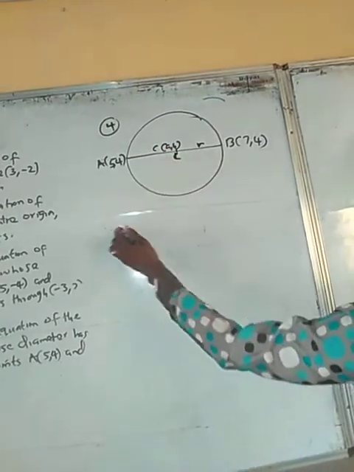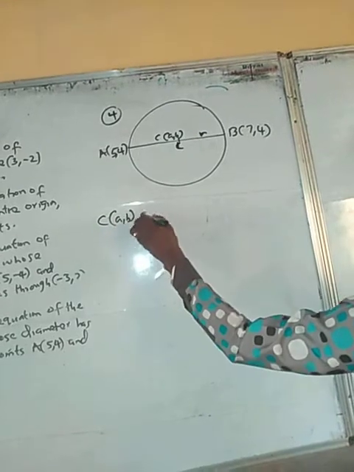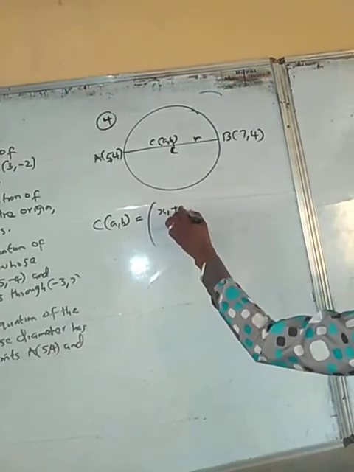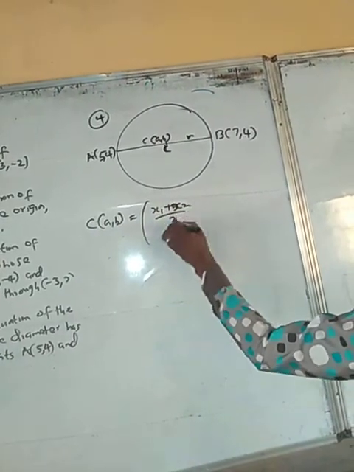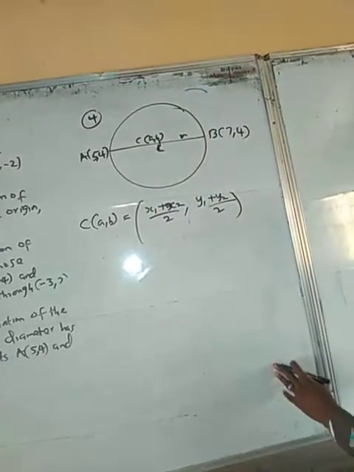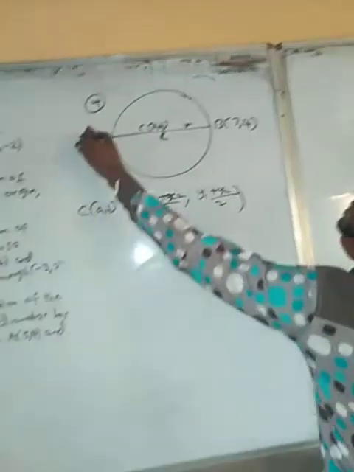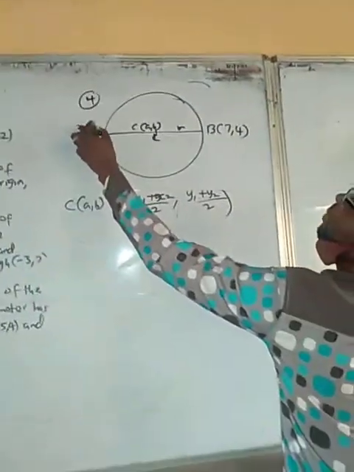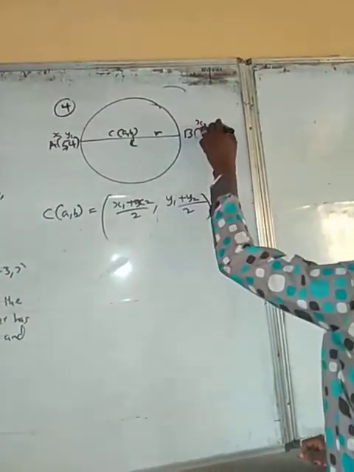So the midpoint theorem states that (x1 plus x2) over 2, (y1 plus y2) over 2. This is x1, y1. This is x2, y2.